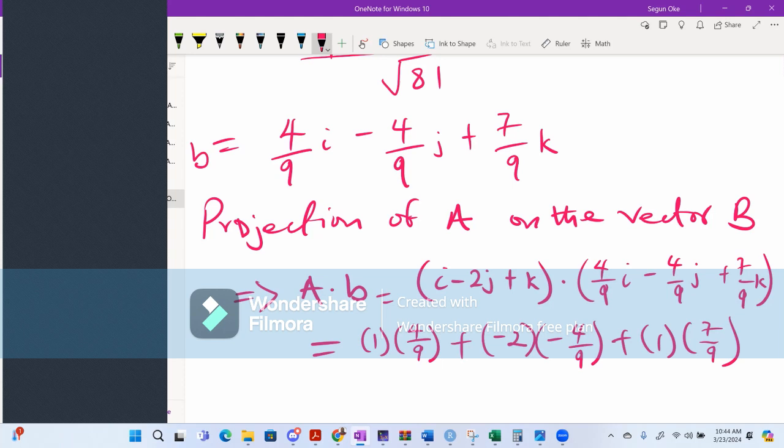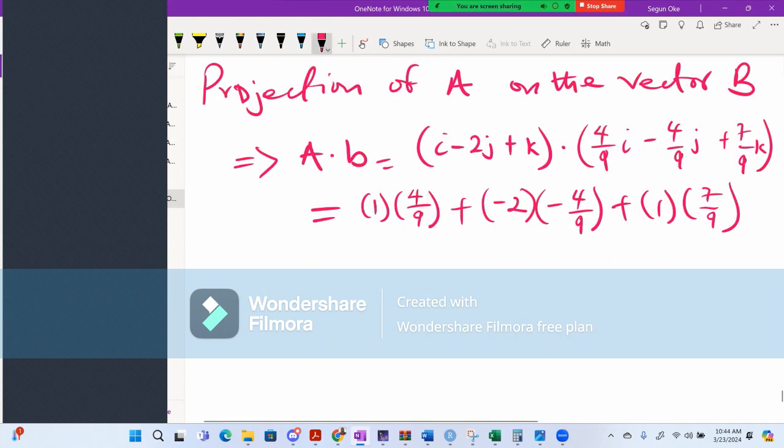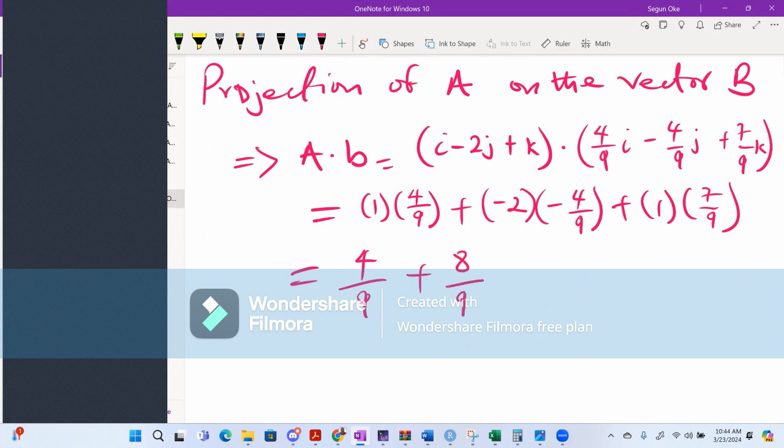If you do this together, you have 4/9, minus times minus gives plus 8/9, plus 7/9. Since we have a common denominator, adding the numerators gives you 19/9.